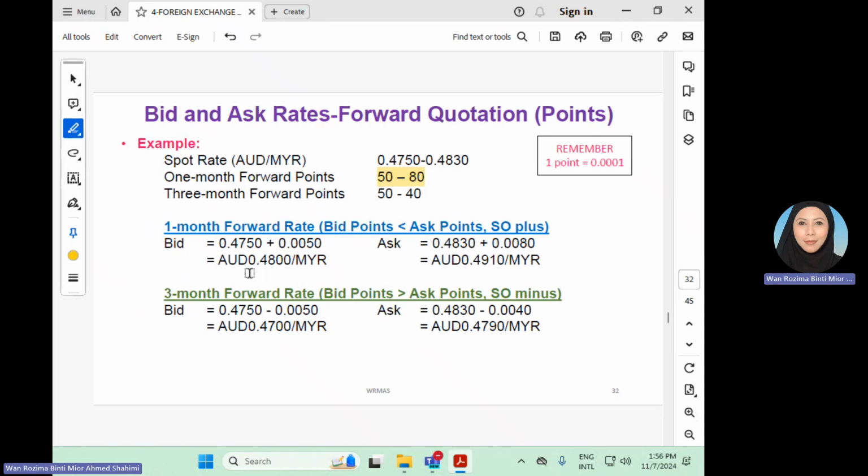So you minus. Okay? So still using the same spot rate, you minus. Then you will get two forward rates with 2 different maturities: 1 month forward rate ask, forward rate bid, and also 3 months for the same thing. Okay? Any questions so far?